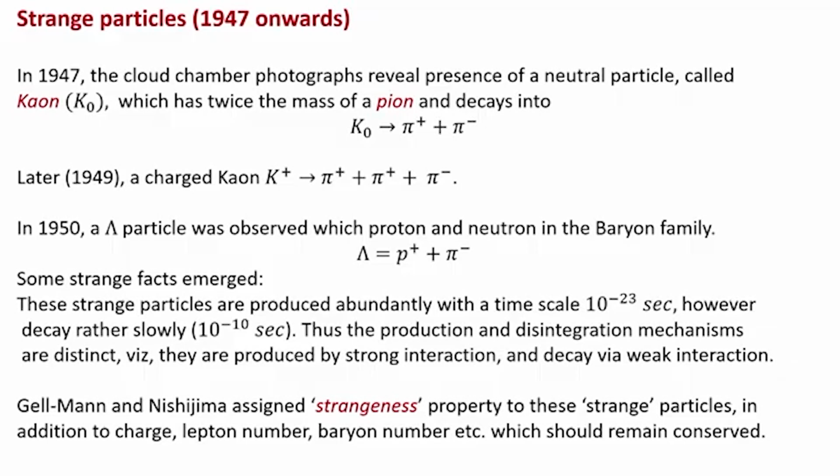Later, in 1949, a charged kaon was also found, which gives rise to 2 pi plus mesons and 1 pi minus meson.